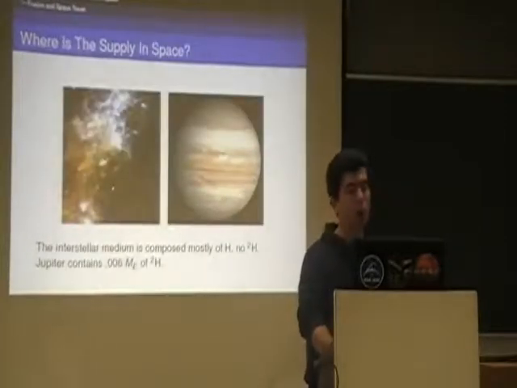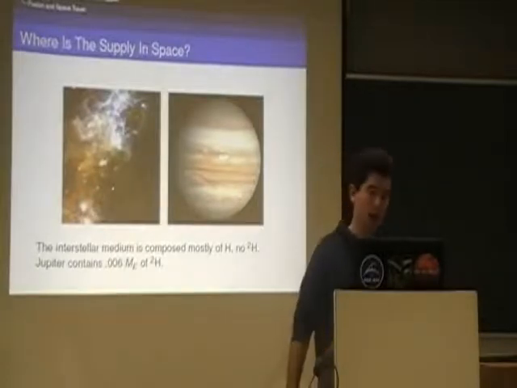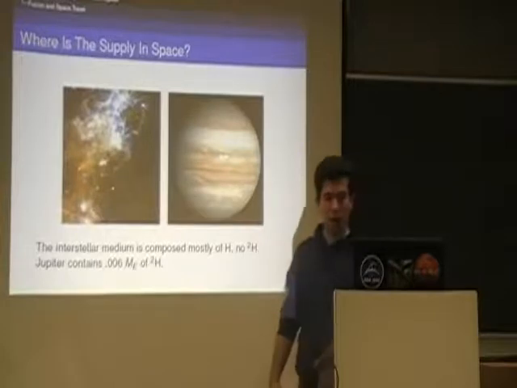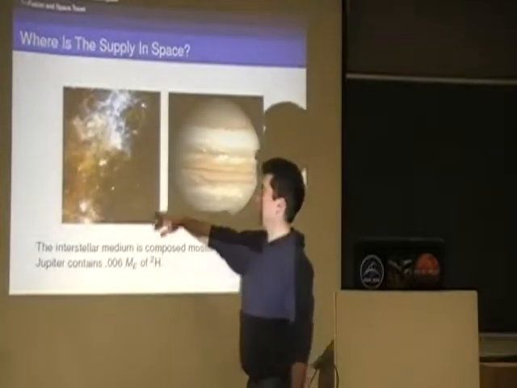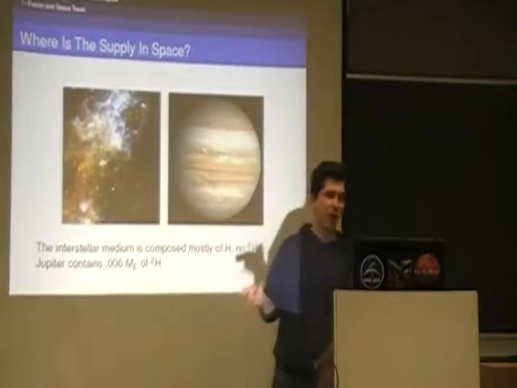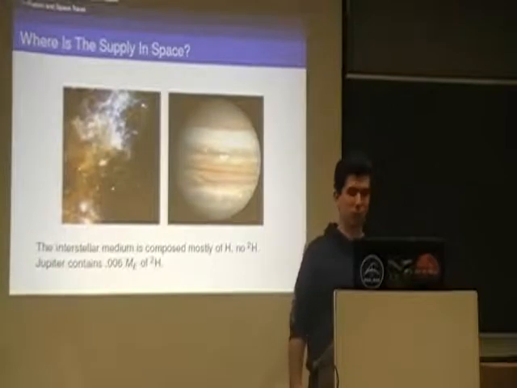All right, so where can we find the supply elsewhere in the solar system and outside the solar system? There have been a few ideas about using the protons in the interstellar medium, right? If space is not a vacuum, there's some stuff floating around there, not a lot, mostly protons.